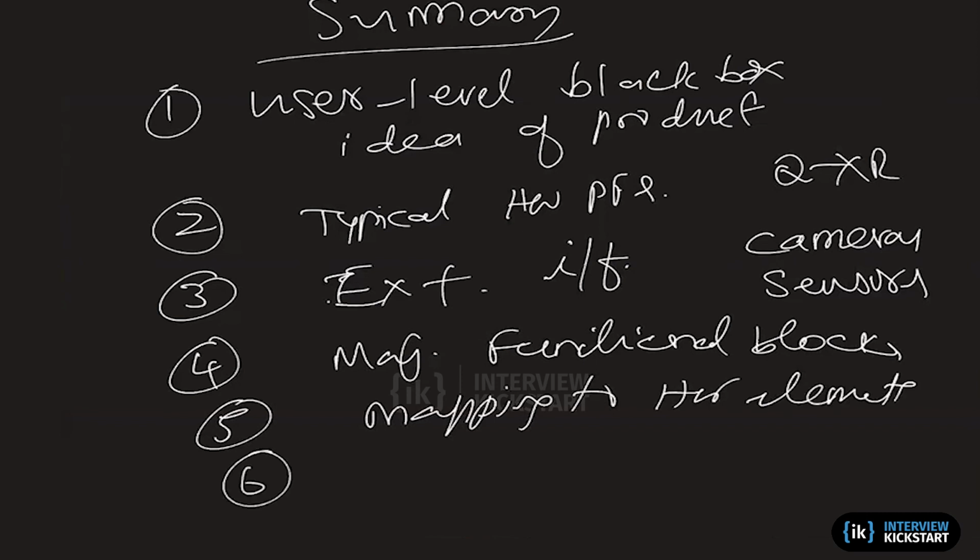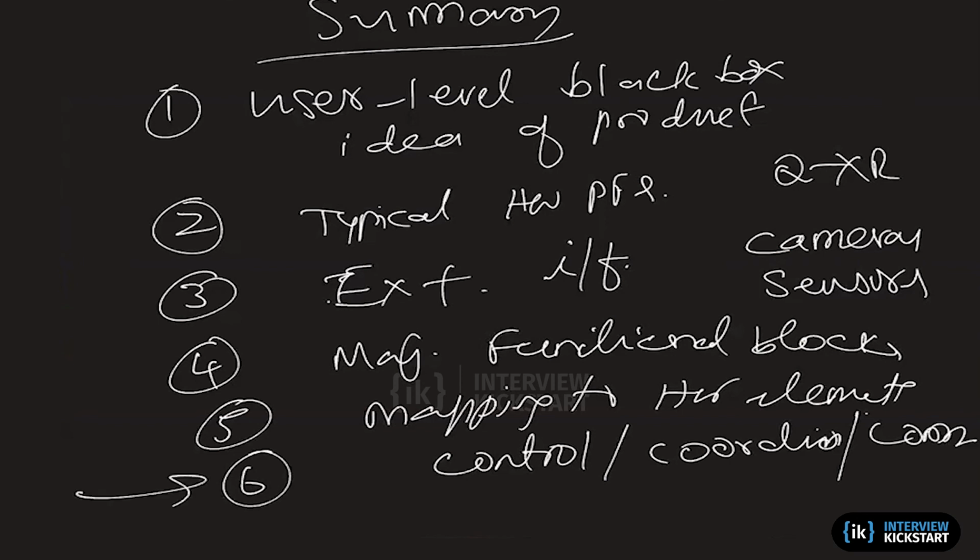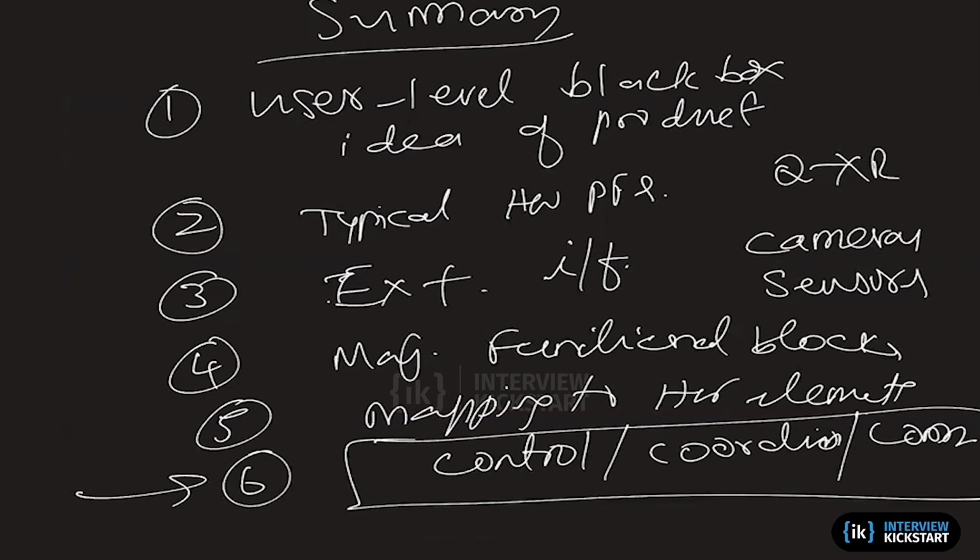Then most of your discussion should be on the control coordination function. Coordination, communication. Once you come to this, it becomes very easy for you to talk because it is independent of the particular product. It may have specific constraints, but that's okay. You haven't designed one, so you may not know.